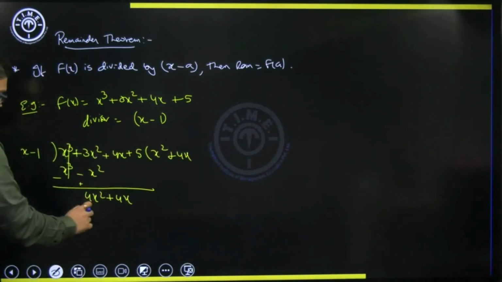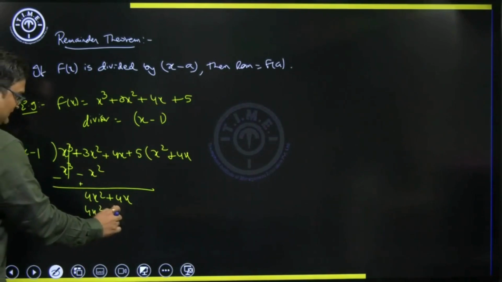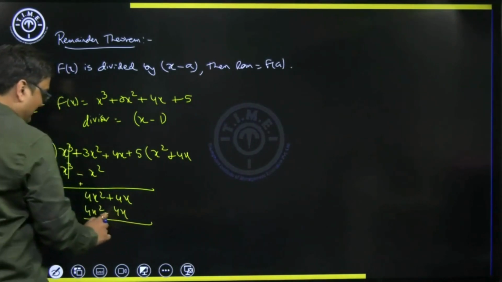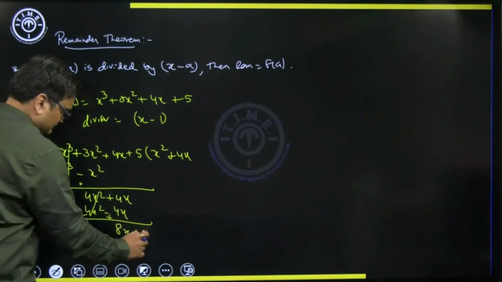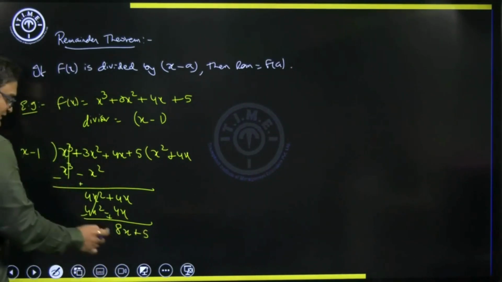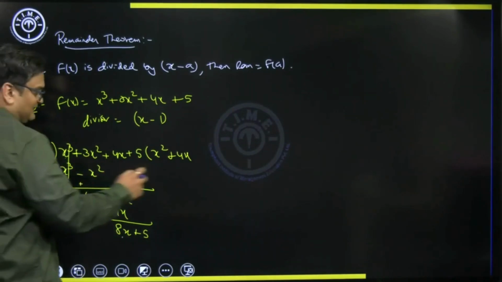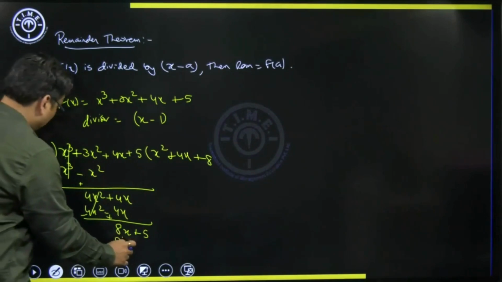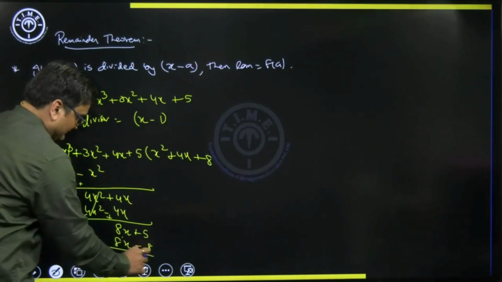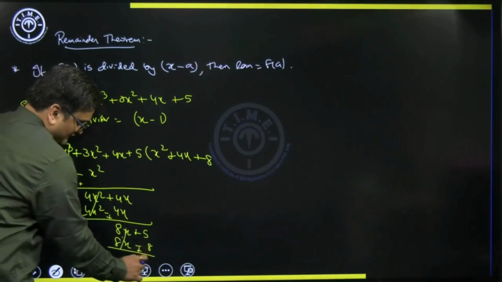X minus 1 into 4x is 4x square minus 4x. Subtract, and it is 8x plus 5. Divide again, 8x by x is 8. Multiply x minus 1 into 8 to get 8x minus 8, subtract, and finally you get a remainder of 13.